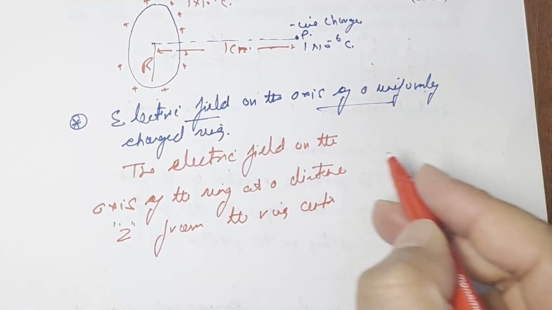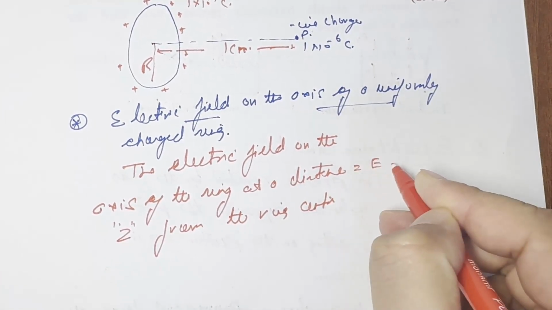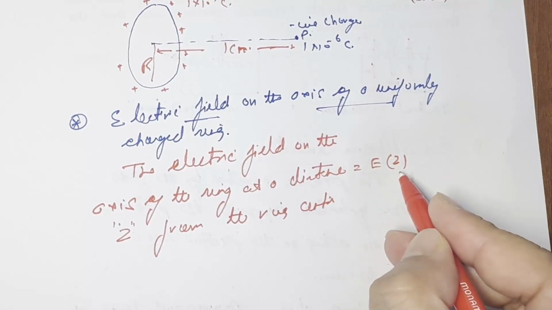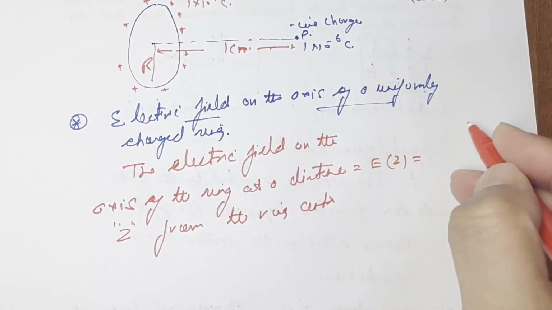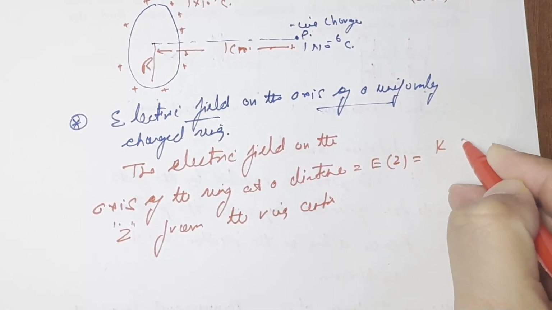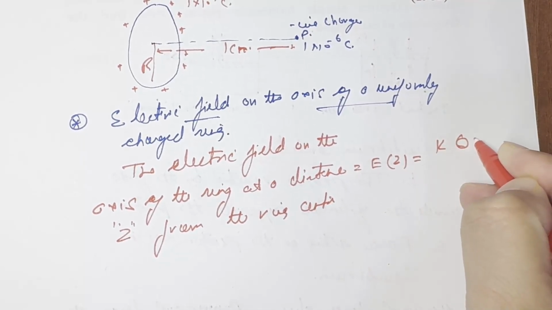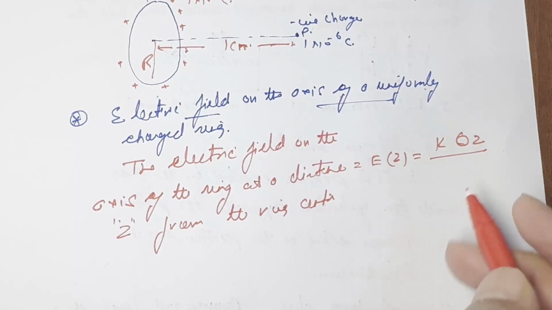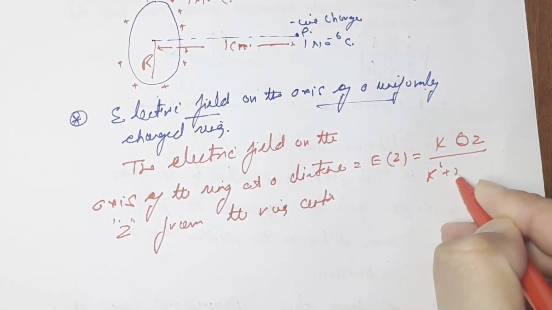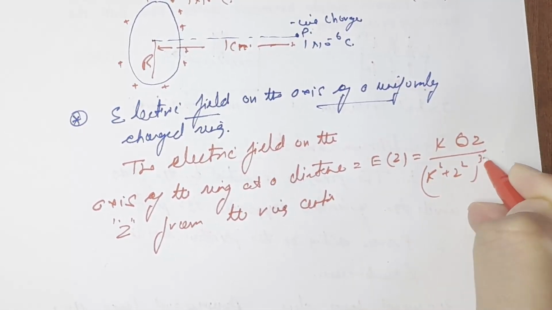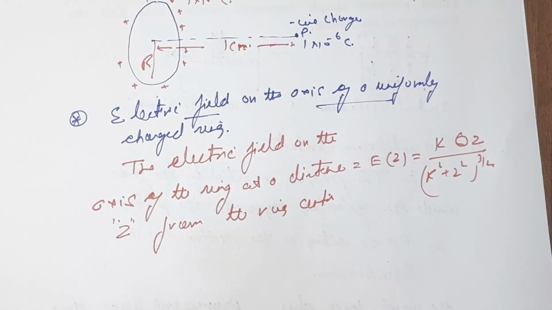So this electric field at a distance z will be equal to k Q z divided by (R^2 + z^2) to the power 3/2, where k is Coulomb's constant, which is 9 × 10^9 newton meter square per coulomb square.